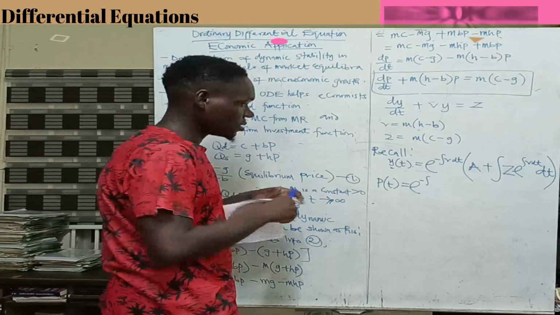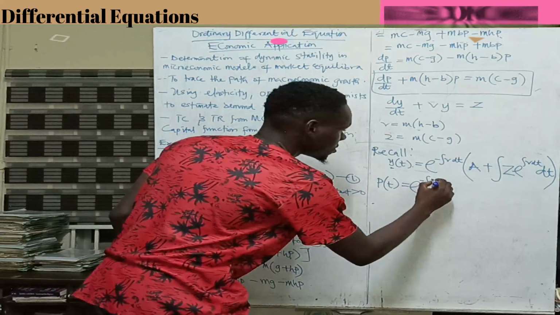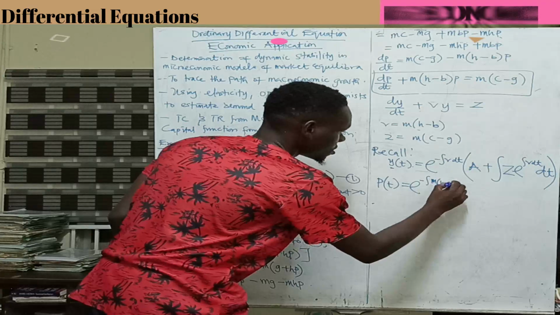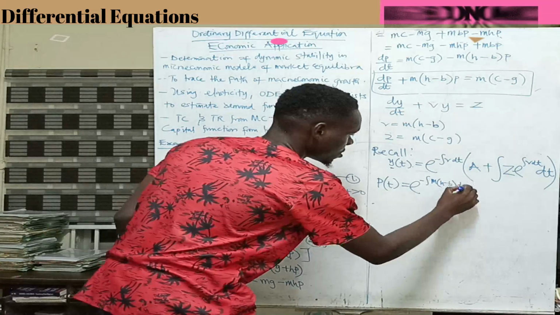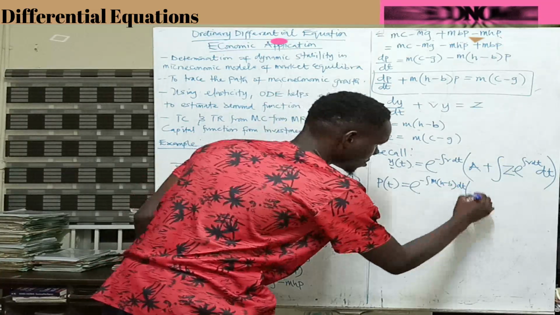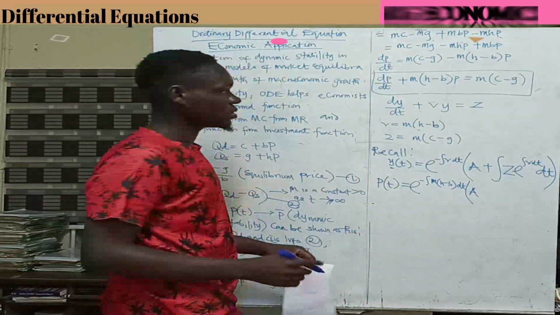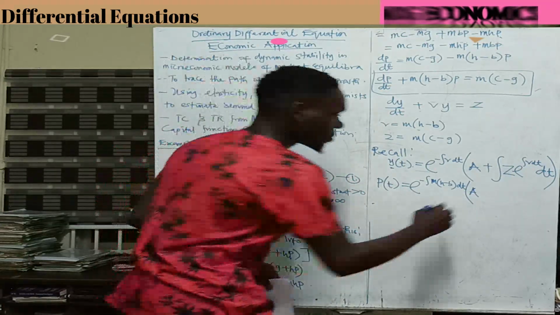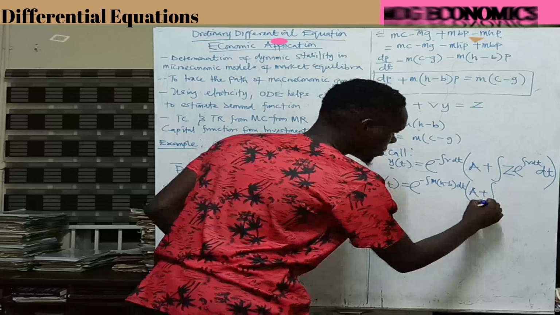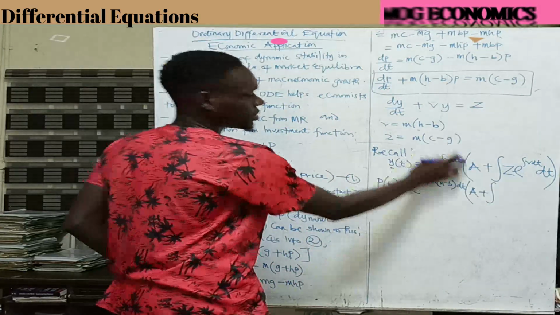So in this case our v is, our A stays the same, which is our arbitrary constant. Now our z is this.